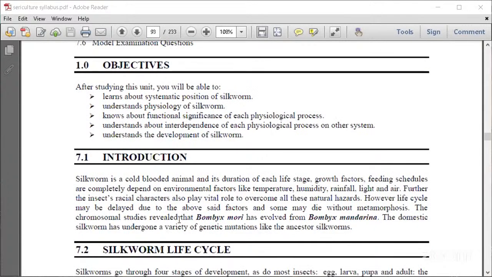So here we are learning about systematic position, physiology, the functional significance of each physiological process, and also the interdependence of each physiological process on other systems. And we are also understanding the development of the silkworm.